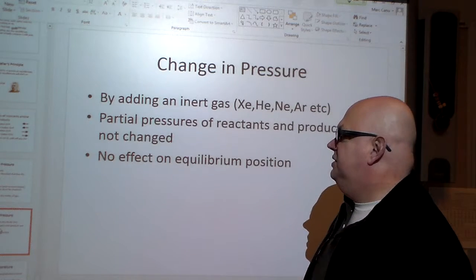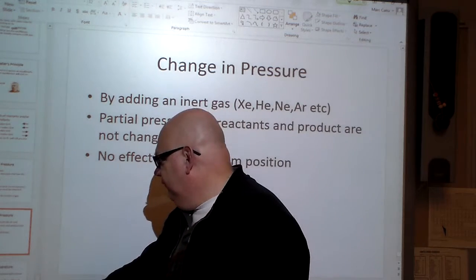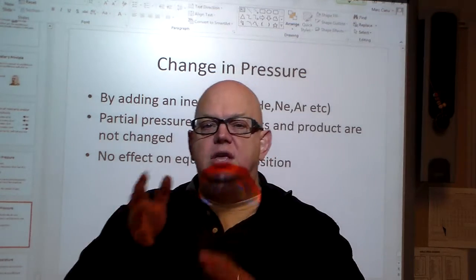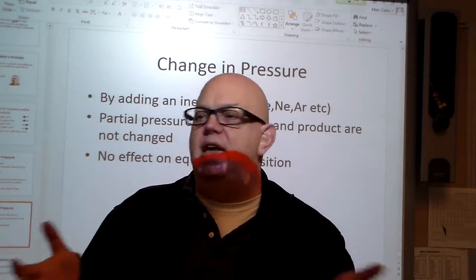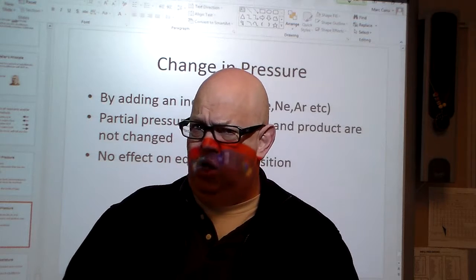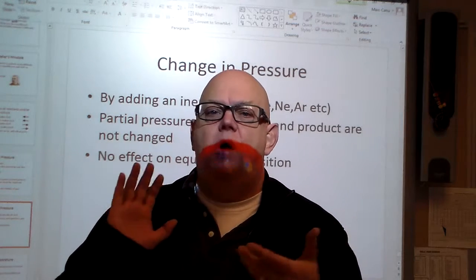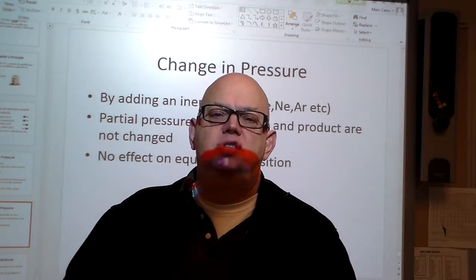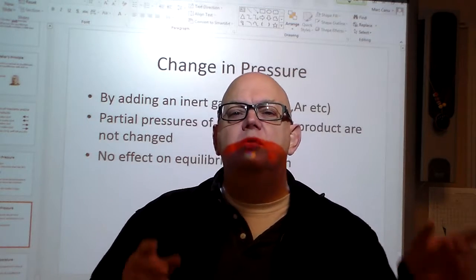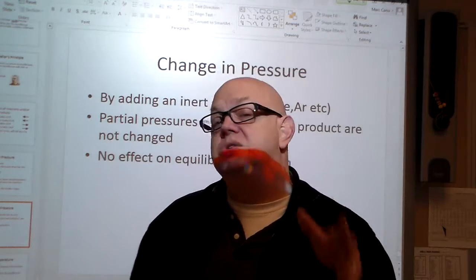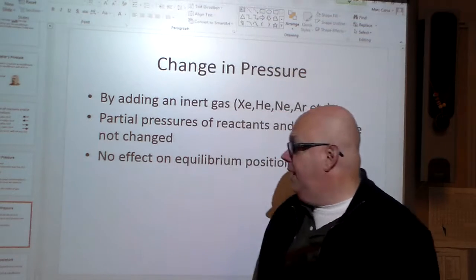It's not going to make a difference. When you are adding the noble gas, the gas that doesn't react at all, it doesn't change things. So how in the world do we change the pressure? If you change the volume, then again, you're looking at the smallest number of moles of gas that's there.